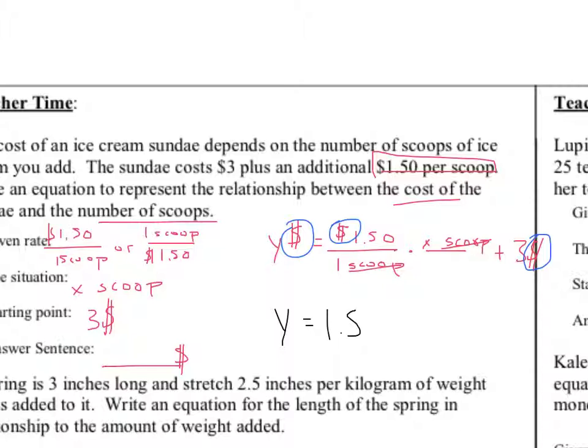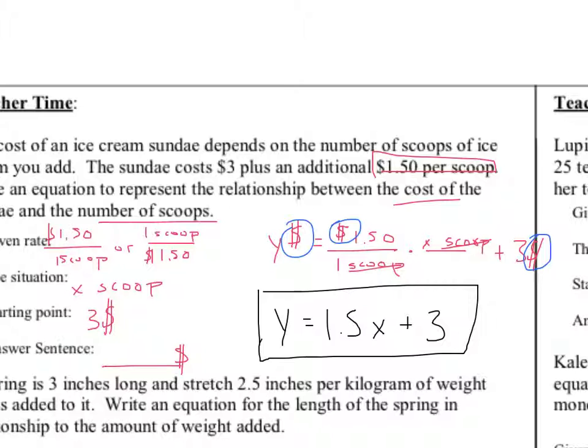Times x scoops, so times x, 1.5x plus 3. This is the equation that represents the situation, where y is the amount of money that it costs, and x is the number of scoops. Next problem.